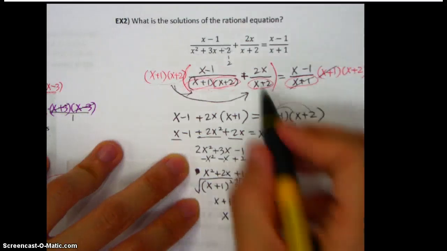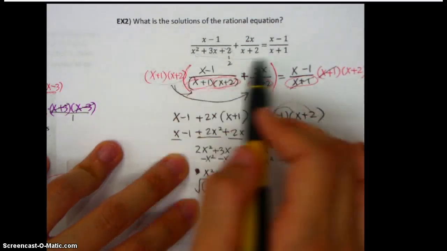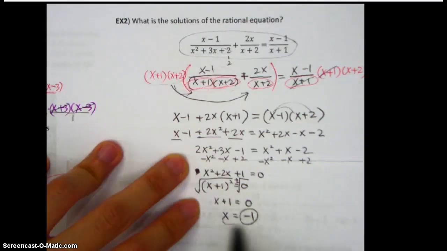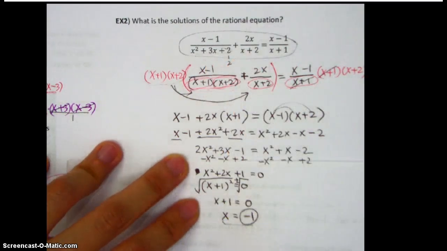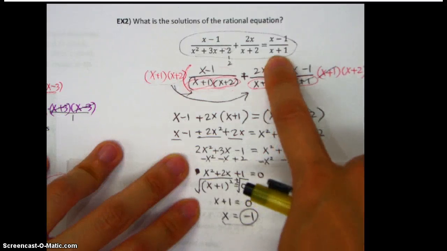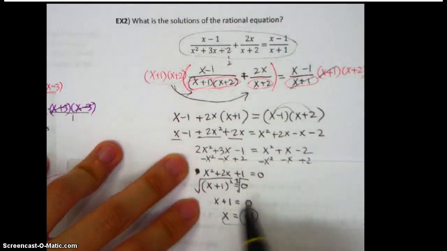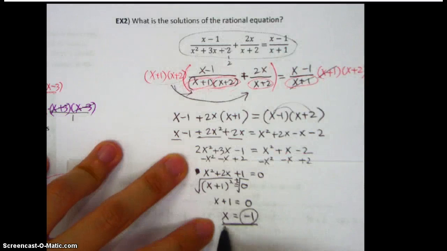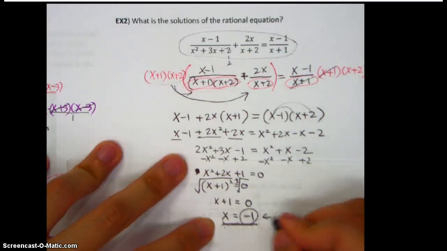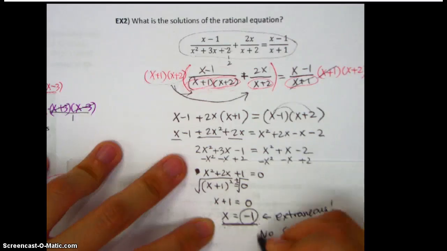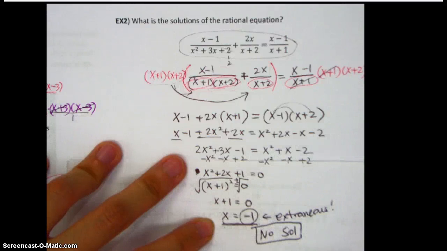So let's look at the original equation to check our answer. If x is negative 1, does any of the denominators become 0? Yes. This number will make that denominator equal 0. So that means the only possible solution we got from the equation ends up being an extraneous solution. That means there is no solution, because the only solution we got is extraneous.